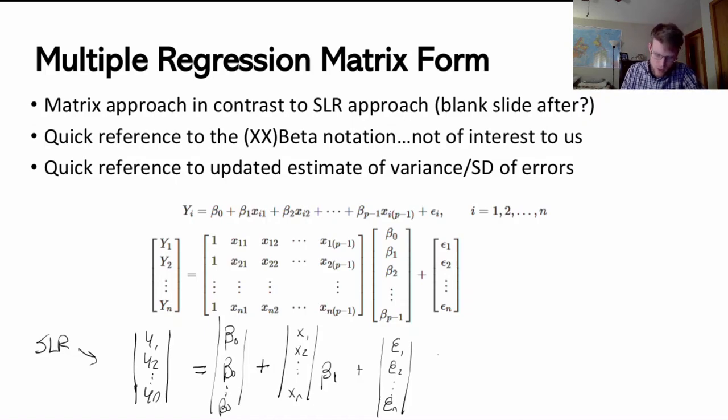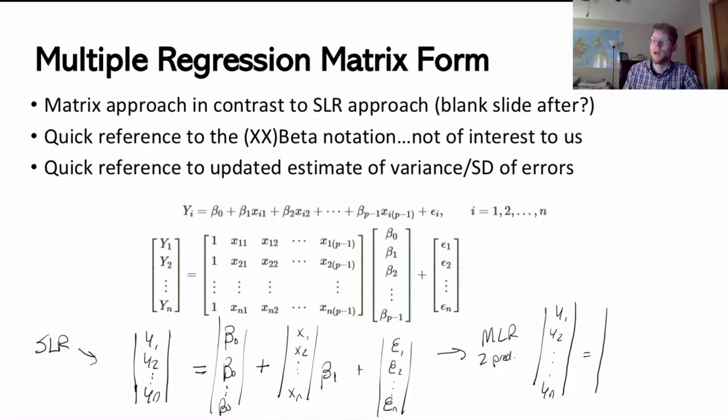So I'm going to go over here, and now I'm going to do MLR for 2 predictors. Again, I'm going to have y1, y2 to yn, so I have a singular vector of response variables. Now I'm going to have a column of beta naught still.